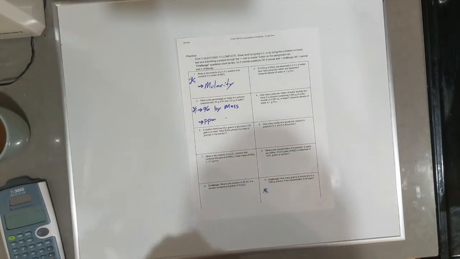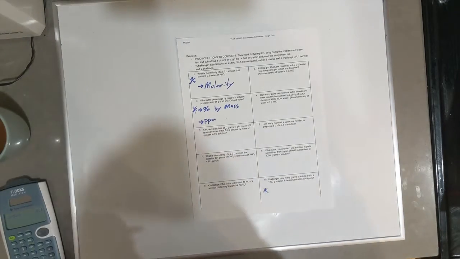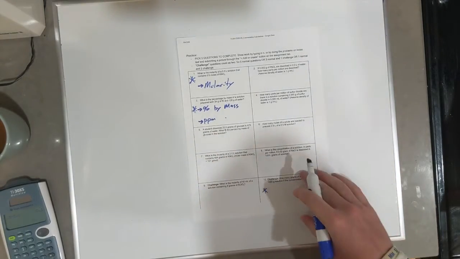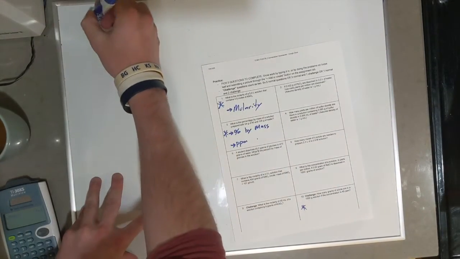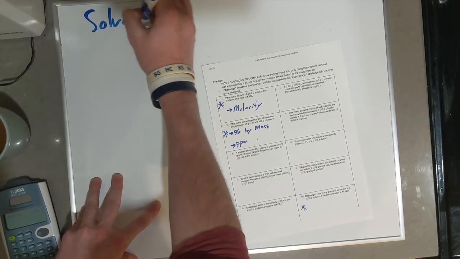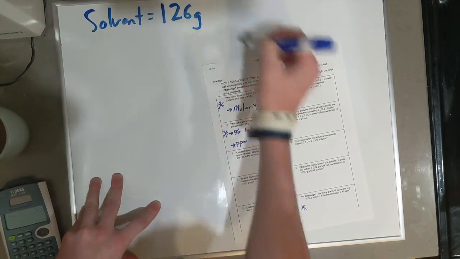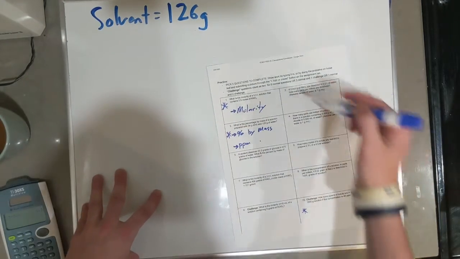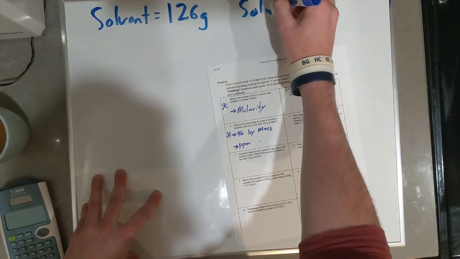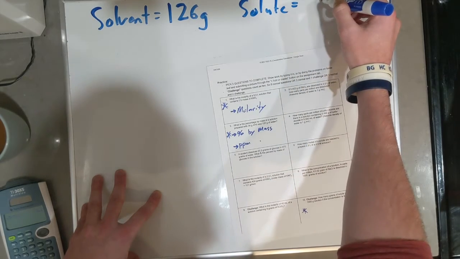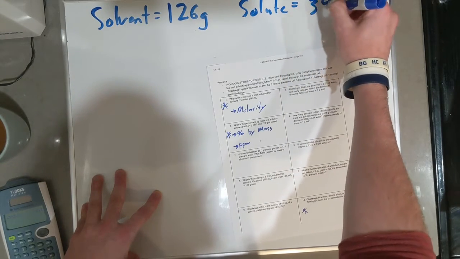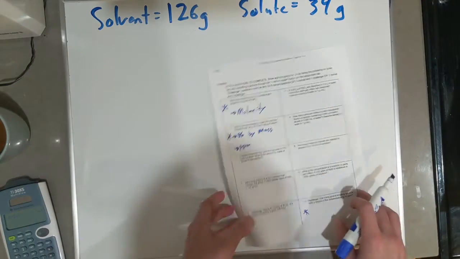So this problem states, what is the percent by mass of a solution prepared with 34 grams of potassium iodide and 126 grams of water? So our solvent is 126 grams, and our solute is 34 grams.